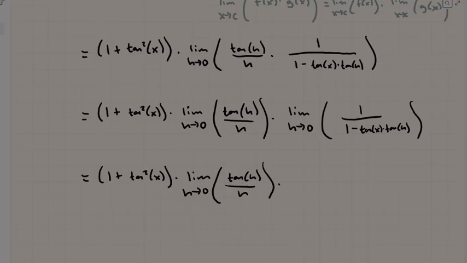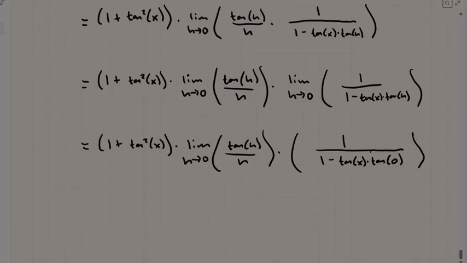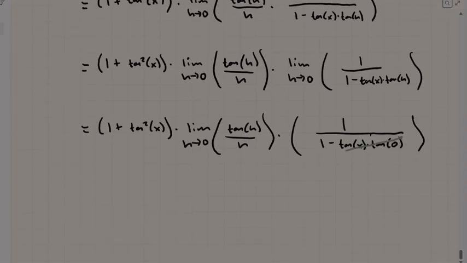Now this one, if we evaluate it, 1 over 1 minus tangent of x times tangent of 0. Right, and tangent of 0 is equal to 0. And so this just becomes 1. So then really we just need to graph this one.